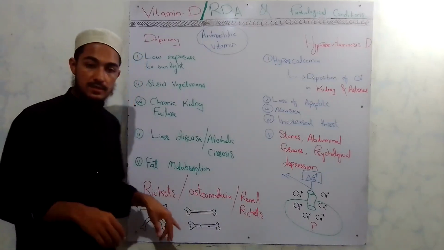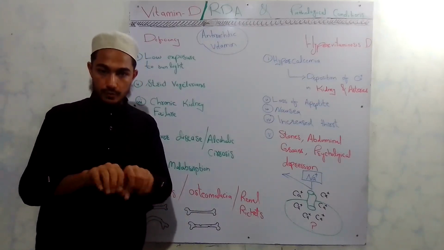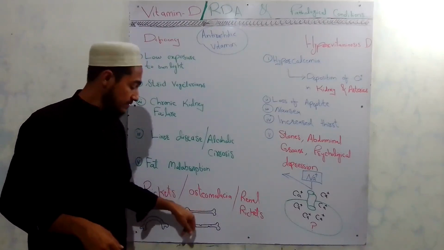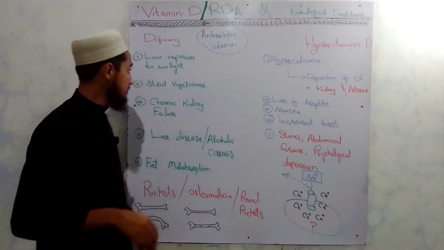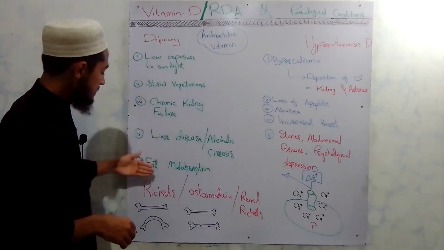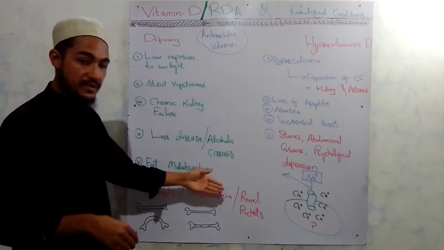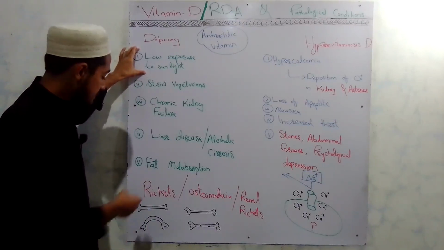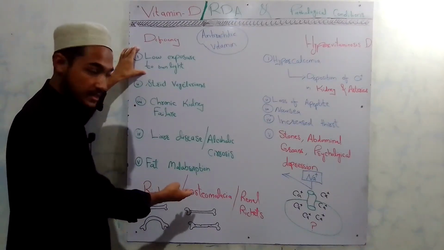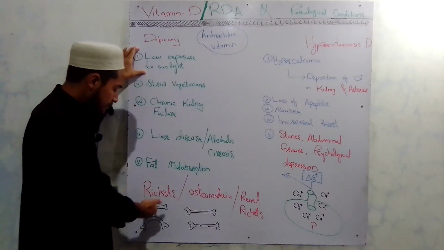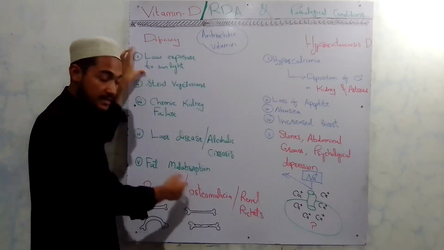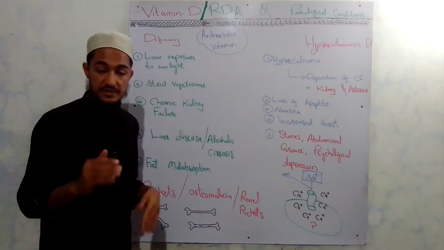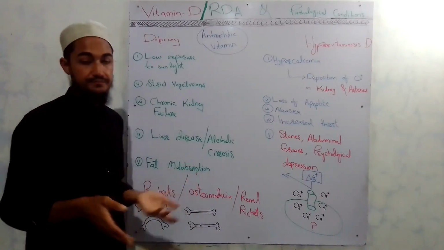In rickets the bones tend to bend, and in osteomalacia the bones do not bend, they rather fracture on minute force. These are the causes of rickets, osteomalacia, and renal rickets. Low exposure to sunlight causes them. Usually all these conditions occur due to the deficiency of calcium.